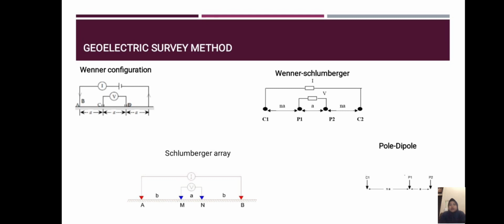Next one is Schlumberger. The results make up the research, which was acquired utilizing a geoelectrical approach and a Wenner Schlumberger array. Next, the software Res2Dinv will be used to process the data in order to determine the true resistivity of the surface.